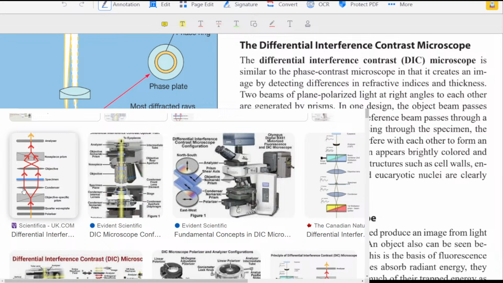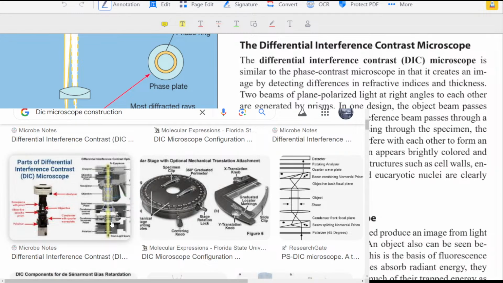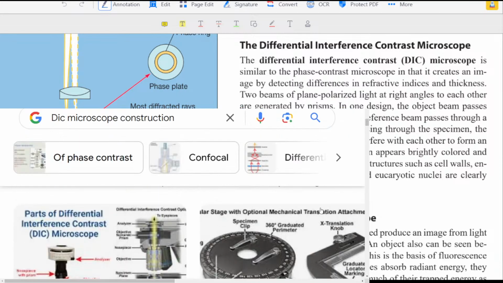Where is the right angle here? These are parallel. Parallel don't have the right angle. I want to see how the right angle works here. This is the polarizer. 45 degree. Beam splitting. Oh, here. The 90 degrees. I see, so that 90 degrees happens inside the prism.